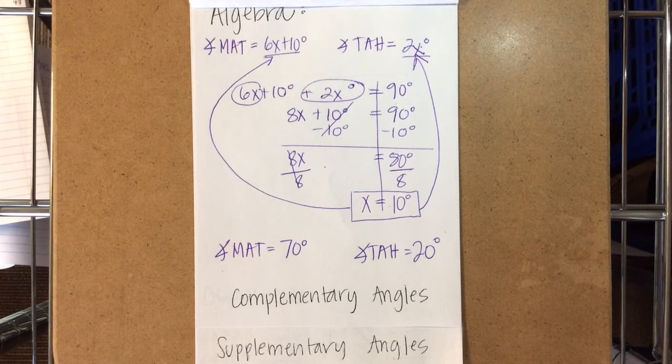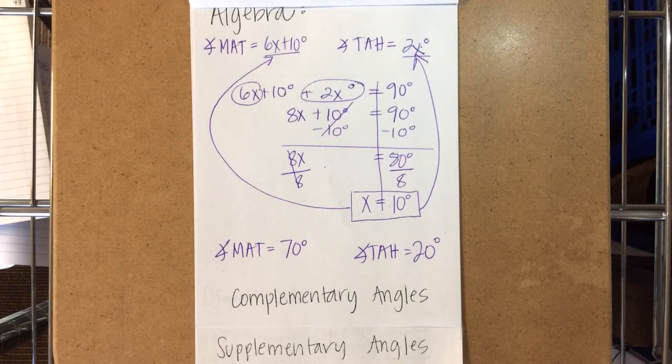Oh. 10x plus 2x is 12x plus 12 degrees equals 180 degrees. Am I done? Minus 12 degrees. 12x equals 168 degrees.